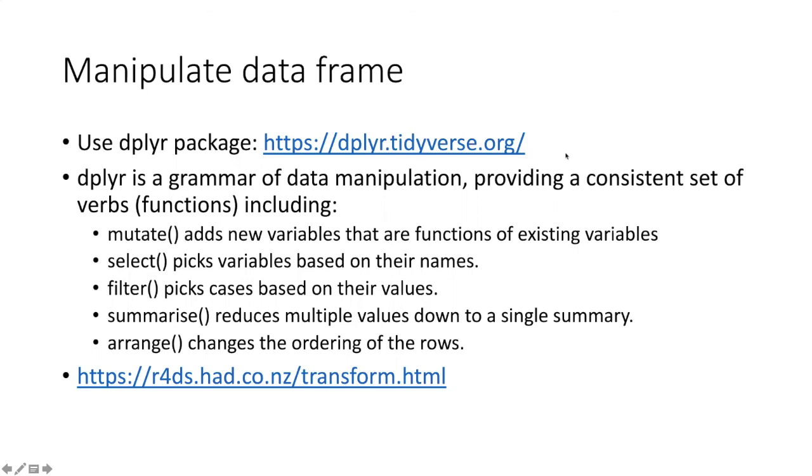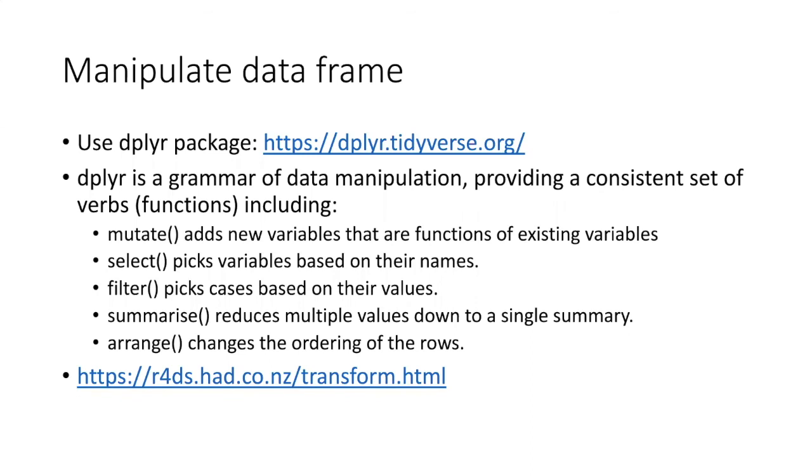But basically, dplyr is a grammar of data manipulation, providing a consistent set of verbs or functions that includes mutate, to add new variables that are functions of existing variables, select, if you want to pick variables based on their names, or filter, to pick cases based on their values. Let's say you have a column of people's height.